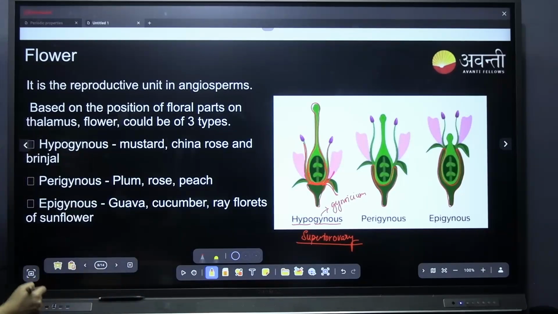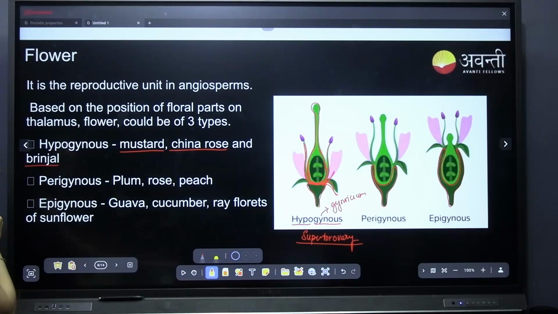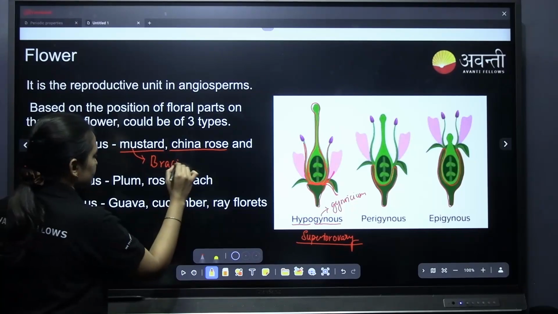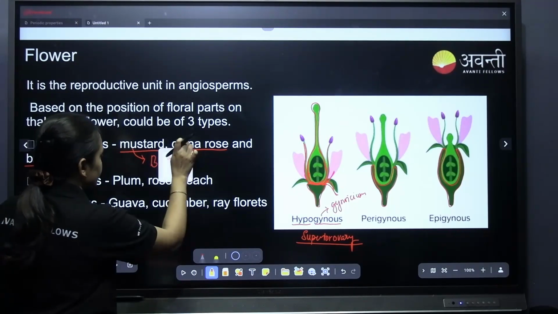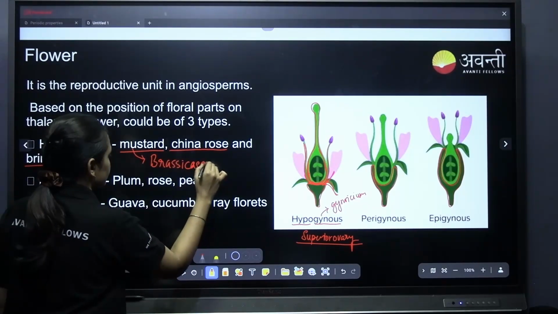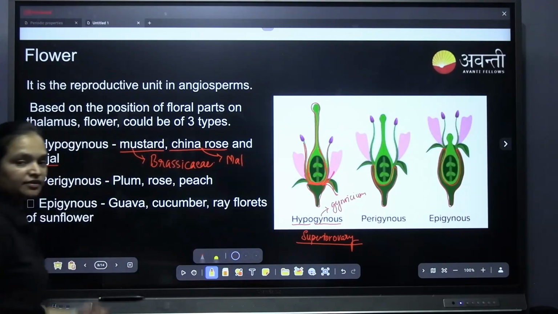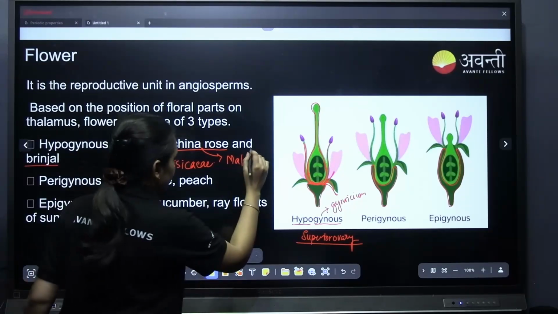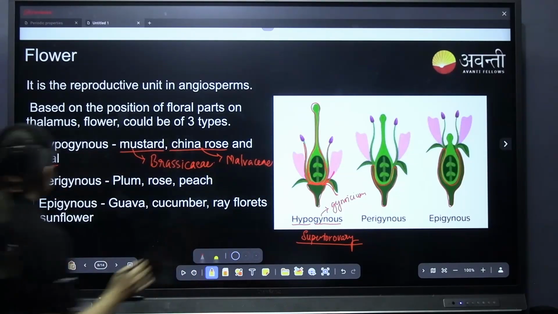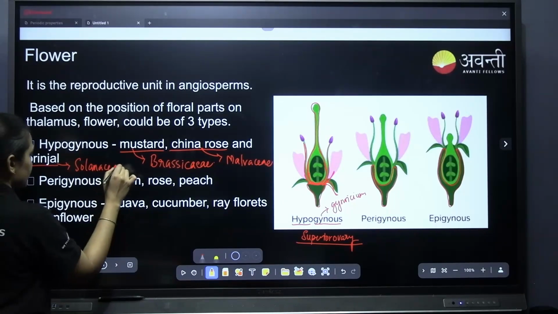Examples for the superior ovary are mustard, China rose and brinjal. Mustard is a Cruciferae or Brassicaceae family member. China rose is a Malvaceae family member, and brinjal is a Solanaceae family member. We are going to learn Brassicaceae, Malvaceae, Fabaceae, Asteraceae, and Poaceae.